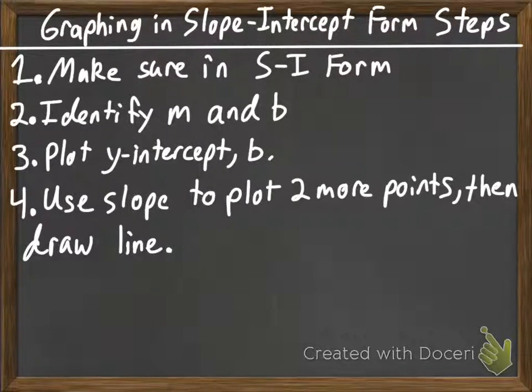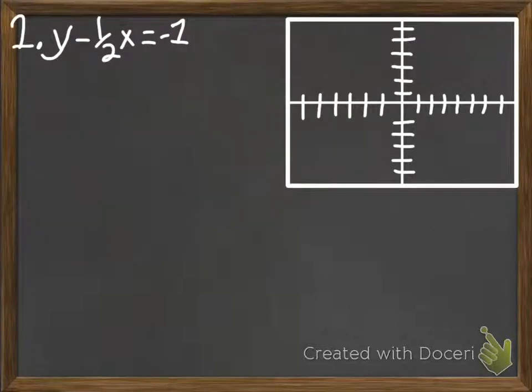So let's go ahead and go through an example together. Alright, so let's graph this line. So we're going to go through the steps. Step 1, make sure it's in slope-intercept form. Well, this one isn't. We have our y and our x on the same side. So it looks like we need to change it.